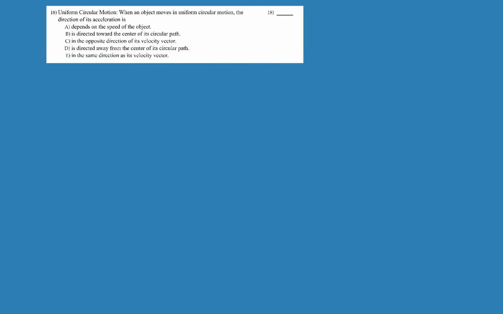Now, uniform circular motion. When an object moves in a uniform circular motion, the direction of the acceleration is always to the center. It is a circular motion with constant velocity in magnitude. Of course, in direction it is not constant.